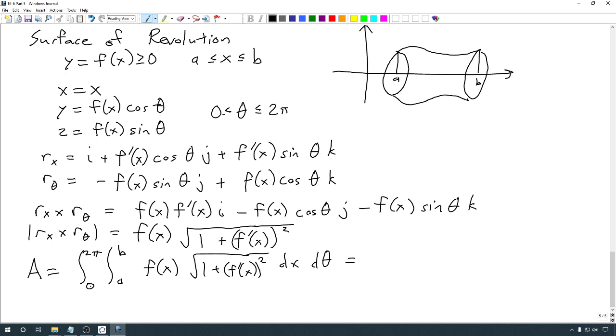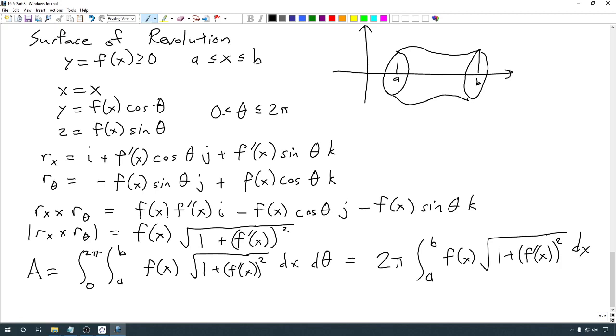So we're able to turn the integral from 0 to 2 pi d theta into just a 2 pi on the outside. We have a 2 pi times the integral from a to b of f of x times the square root of 1 plus f prime of x squared dx.